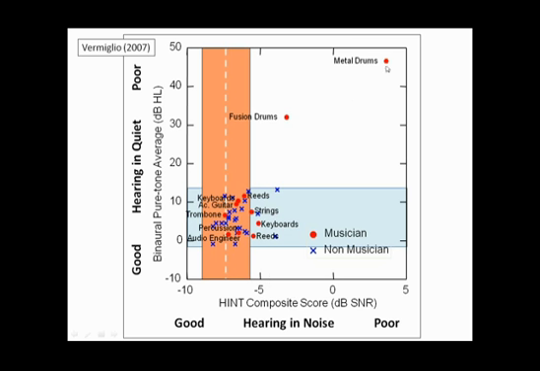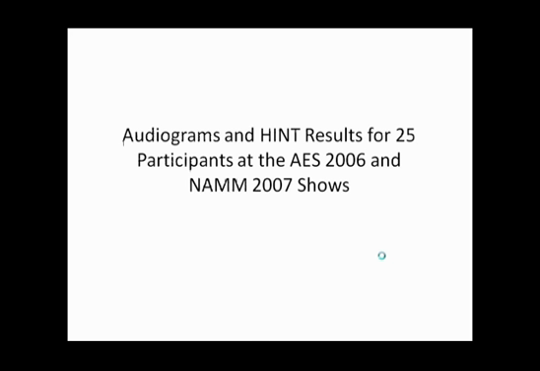And look at this score over here. It's about a +4.5 dB signal to noise ratio. So that means that this person can hear half of the sentences when the speech is about 4.5 dB above the noise. Okay, so there's our survey of speech recognition in noise ability and audiograms for musicians and non-musicians.